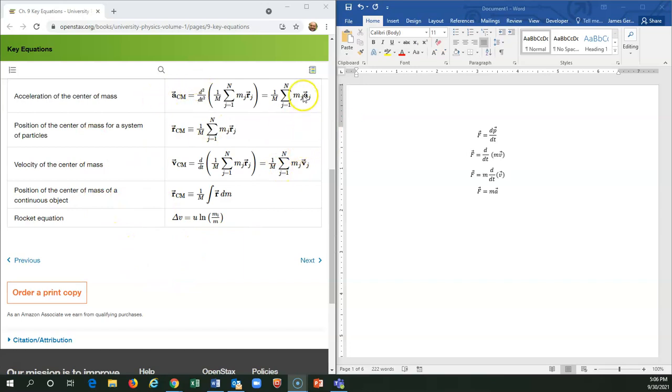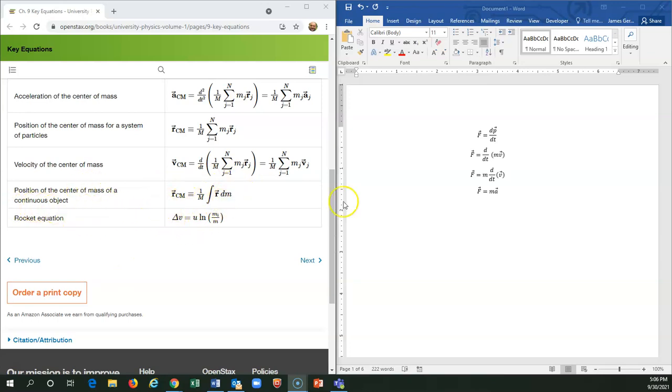Acceleration of the center of mass is just the weighted average acceleration of all the pieces within a collection. And the velocity of the center of mass is, again, just the weighted average of all the pieces. And if you have to get the center of mass of a continuous object, then you integrate over a little differential of mass.